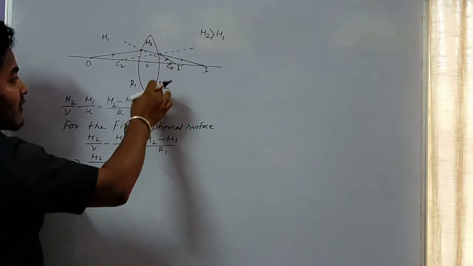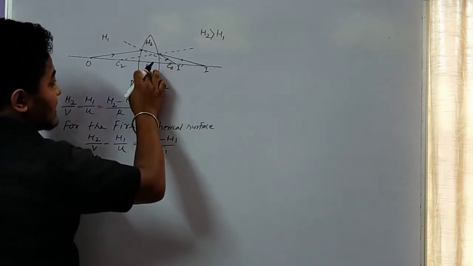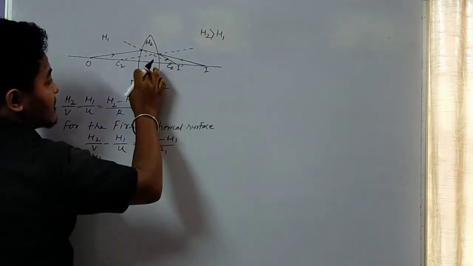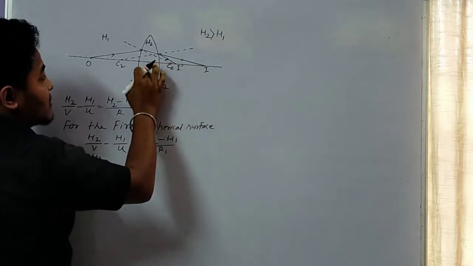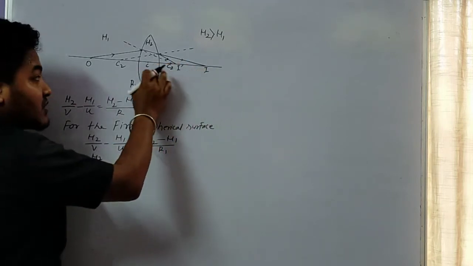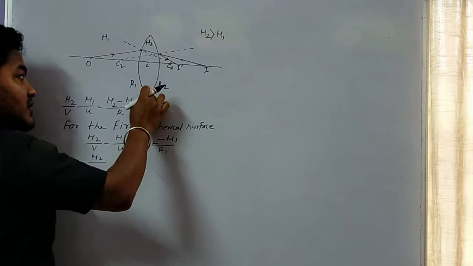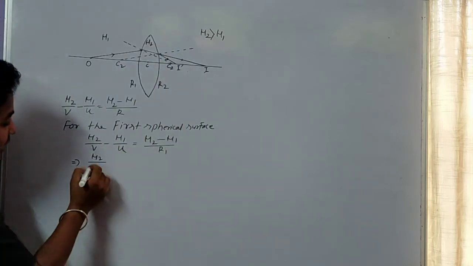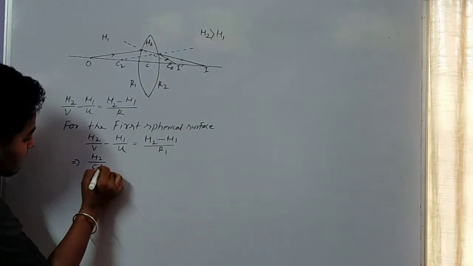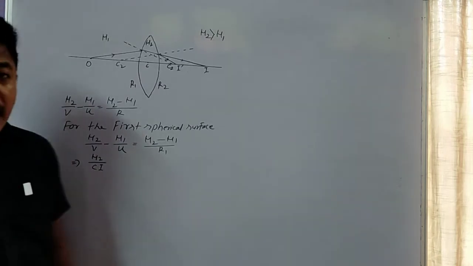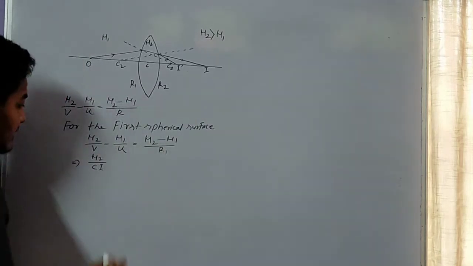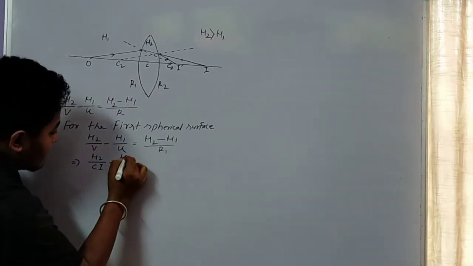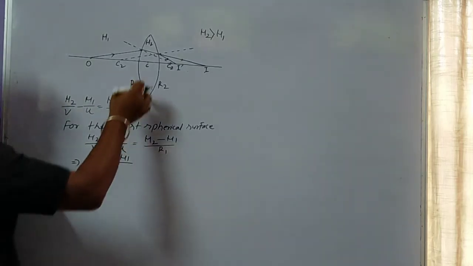So in this case, what is v for the first refracting surface? v will be the image distance, CI. CI is the image distance for the first refracting surface. I will write mu2 by CI minus mu1 by u. What is the object distance?